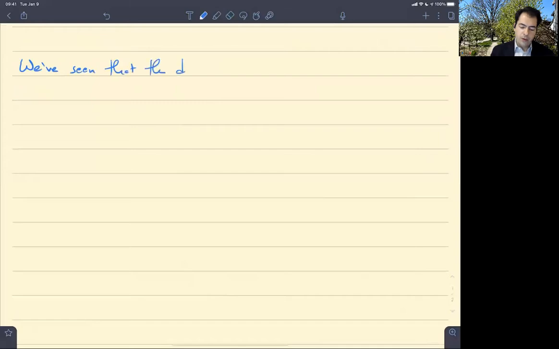We've seen that the derivative is a linear map, say from smooth functions on the real line to smooth functions on the real line.